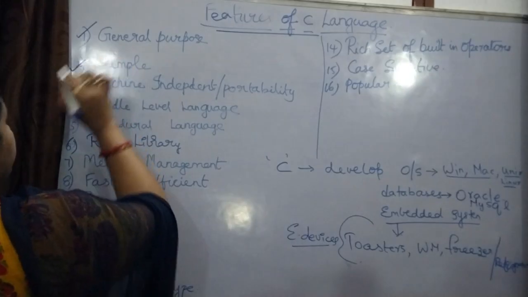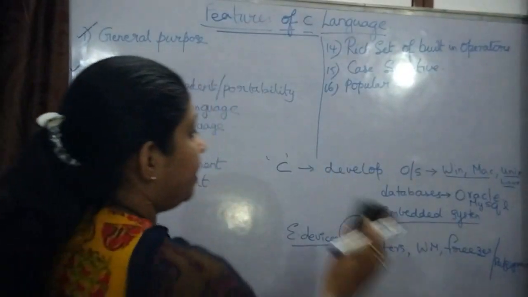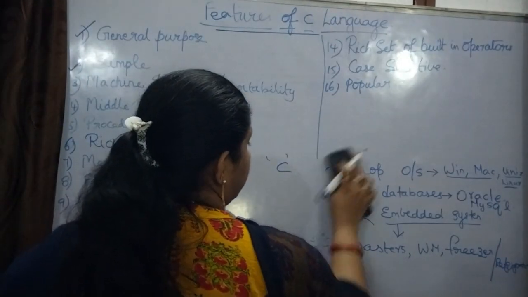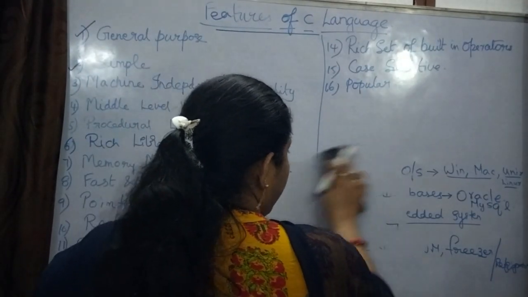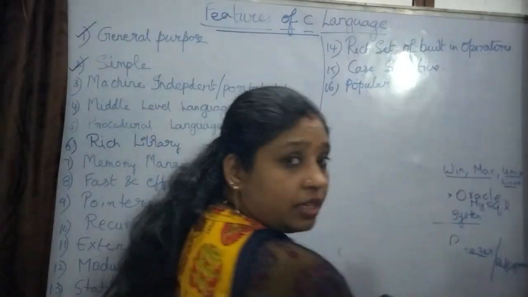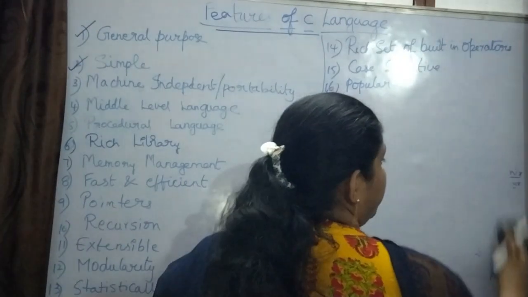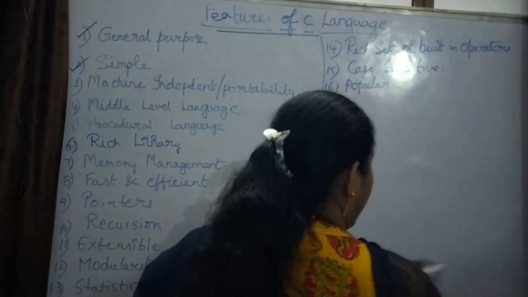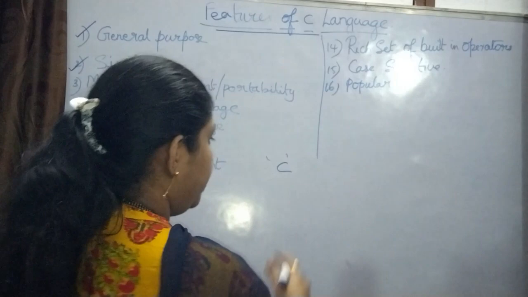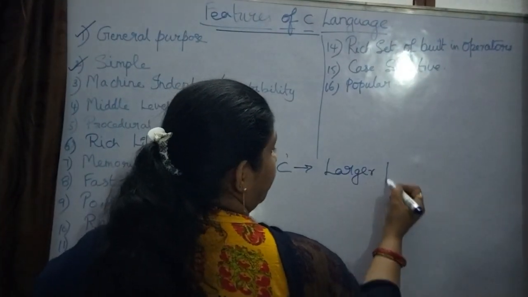Now simple. Why do we call C language a simple language? Suppose I have written a very large program.